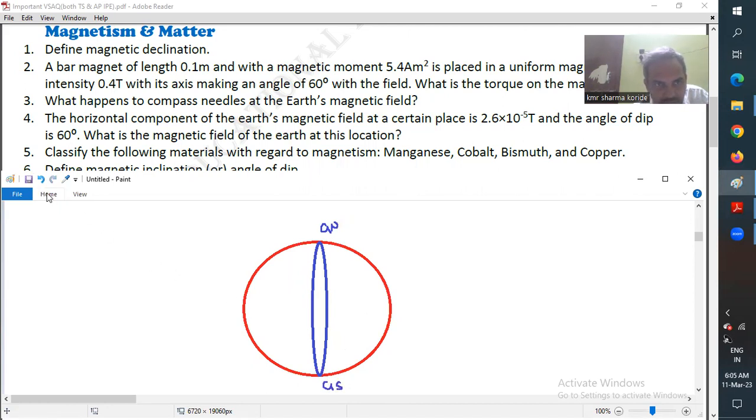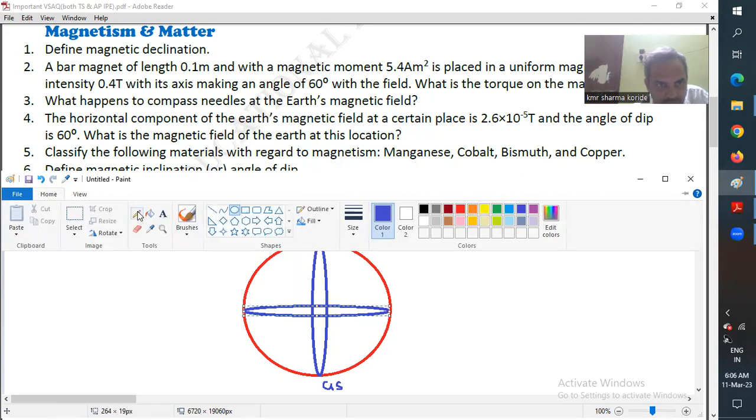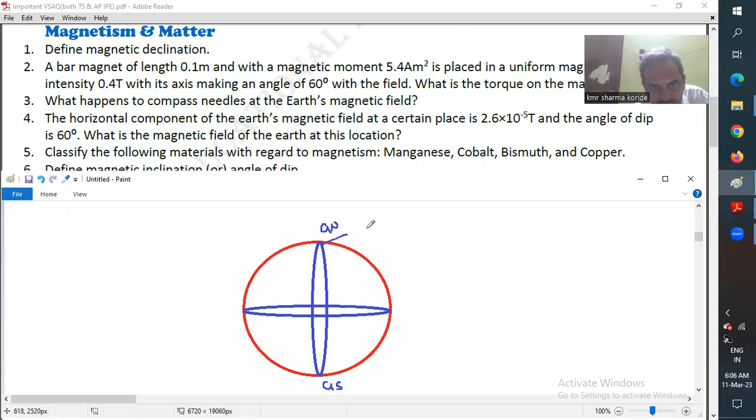Perpendicular to which there will be the geographic equator. This particular plane is called the geographic meridian, and this is called the geographic equator.